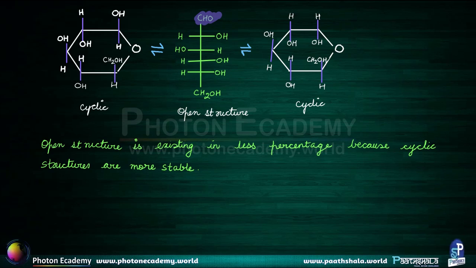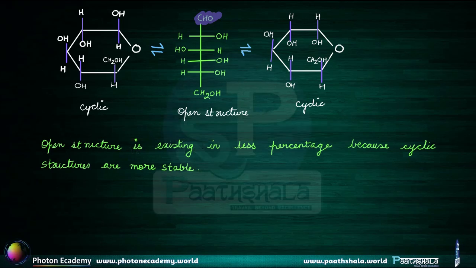Also, if I look at the percentage where these three structures are in aqueous form, the open structure exists in very low percentage, almost like 0.2% presence in an aqueous solution if I keep the three of them, and the rest is cyclic.